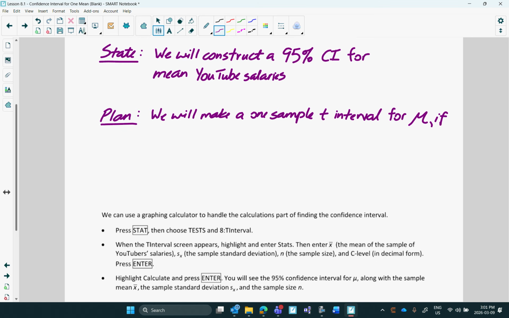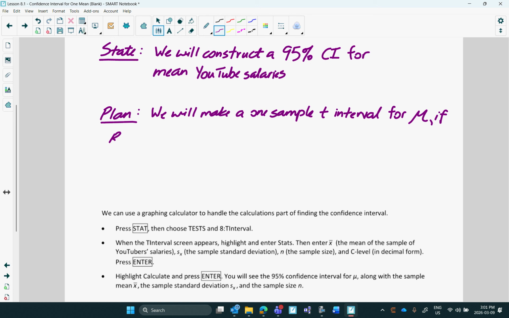The conditions. Two of the conditions are exactly the same. Random, 10%. And remember, if you're doing an experiment, we don't have to do 10%, but these aren't experiments. When you have a one sample, it's not an experiment. To do an experiment, you need two samples. Okay.